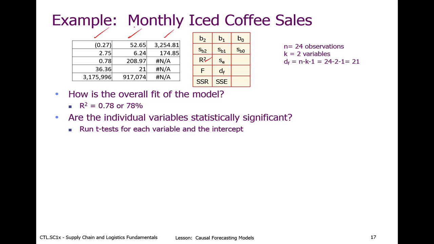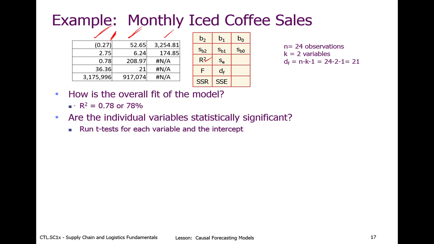Every new month I sell about 52 more cups. Pretty good. It's an upward trend. And then the beta 2 is saying for every degree that it gets warmer, it's expected to get warm for that month, I sell about a quarter less of a cup of coffee. So this is saying negative, that there's a negative correlation.